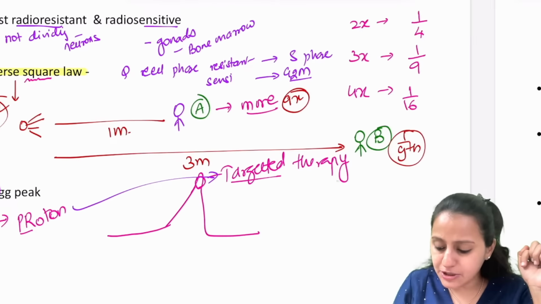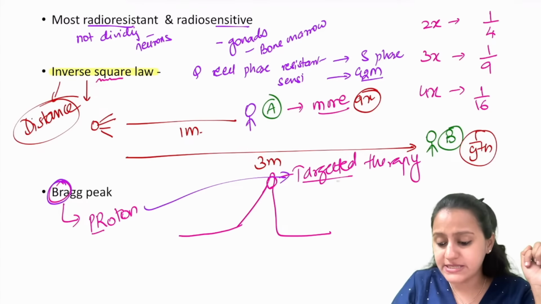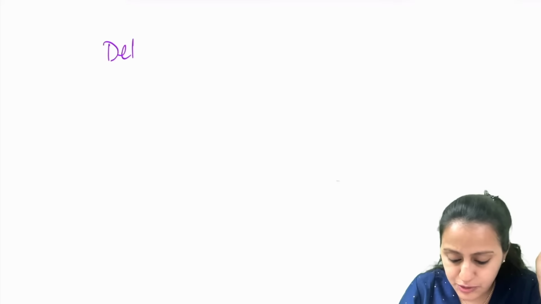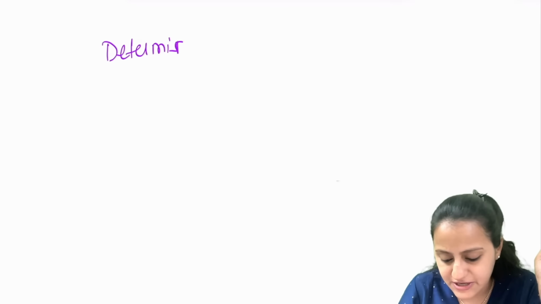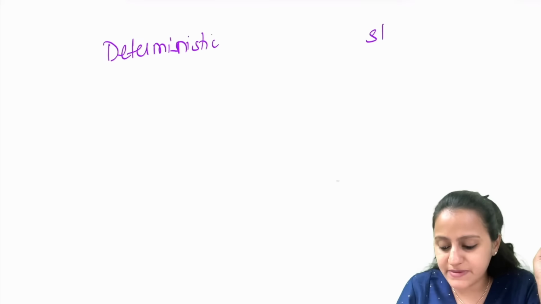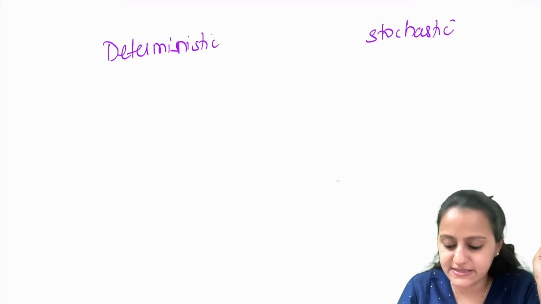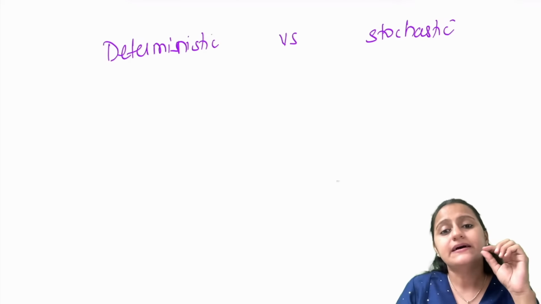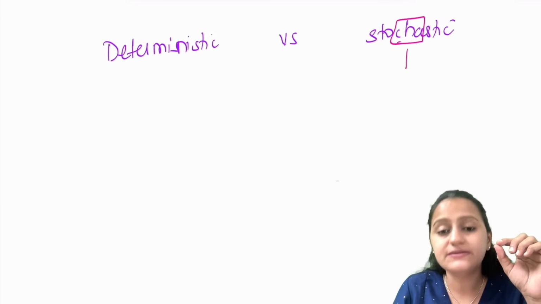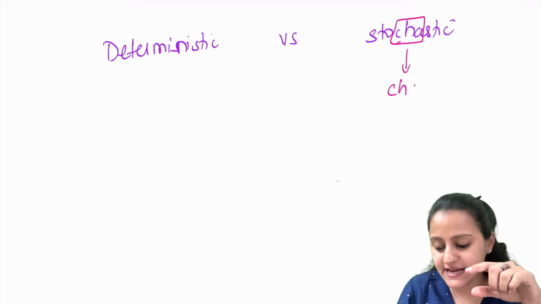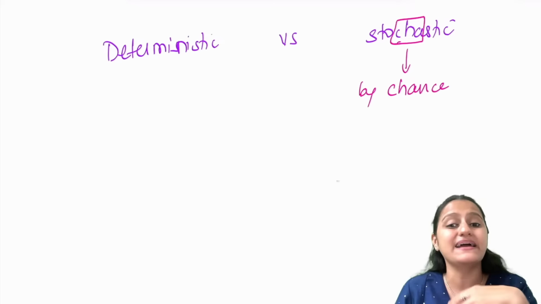And quickly telling you one other important point regarding the deterministic and stochastic side effects of radiation. Remember stochastic, okay? Stochastic, CHA is CHA, it occurs by chance.